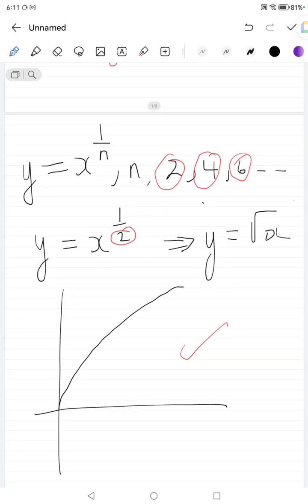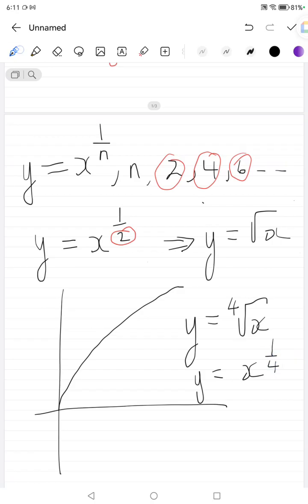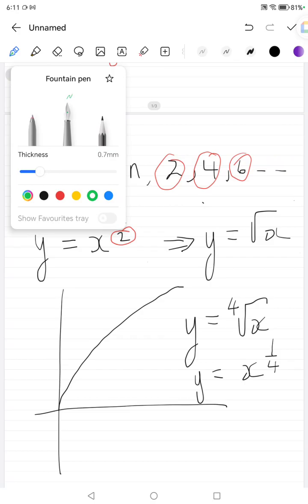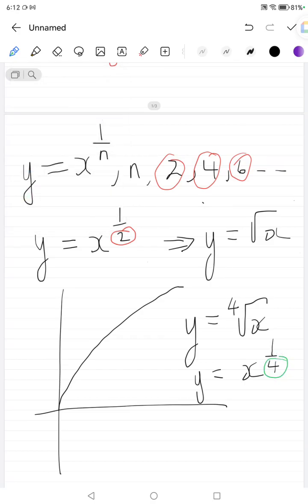Another way they could ask is to draw a graph of, maybe they give you y is equal to the 4th root of x. Then you know this is y is equal to x to the exponent 1 over 4. And since this 4 is an even number, the shape of this graph is going to look like this.